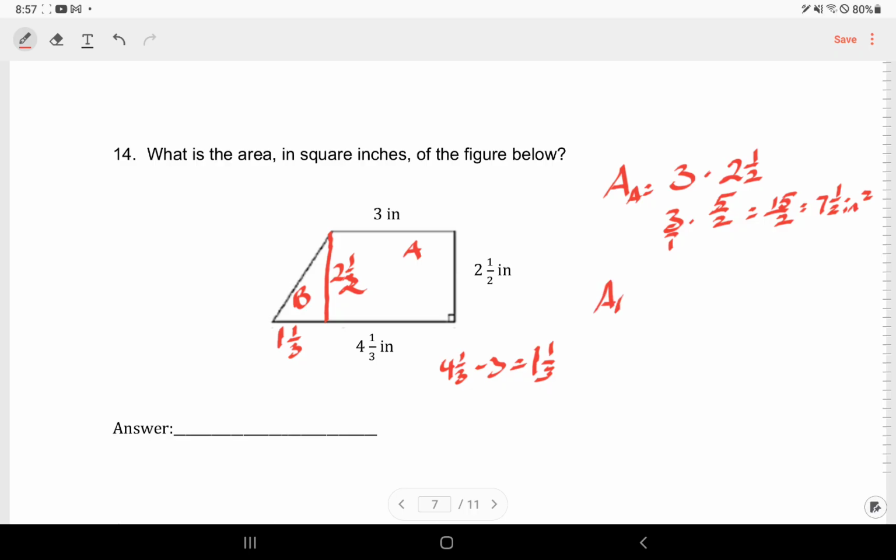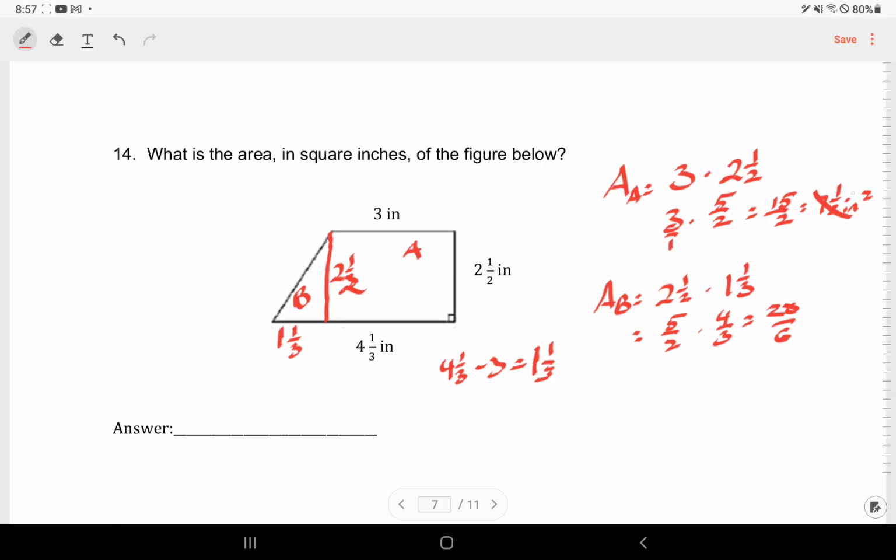Now, the area of B, well, that's 2 1/2 times 1 1/3. Well, 2 times 2 is 4, plus 1 is 5. 3 times 1 is 3, plus 1 is 4. 5 times 4 is 20. 3 times 2 is 6.